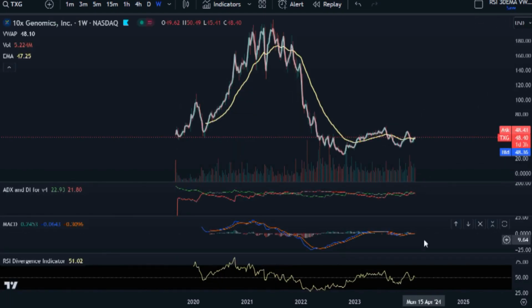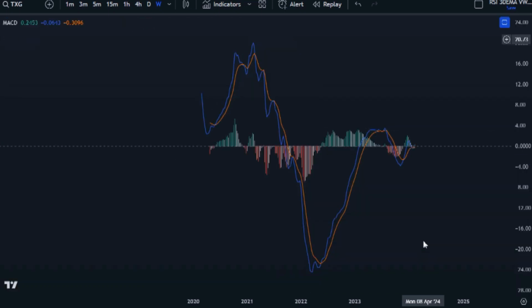Next we'll look at the MACD as a confirmation indicator. The MACD is a popular momentum indicator in technical analysis, and it can indicate potential trends and reversals. Here this is the trend currently, and it seems to be beginning to trend up again. You can see these two histograms here.